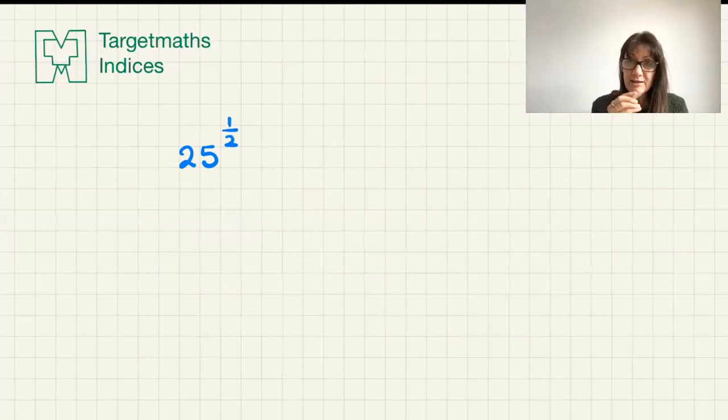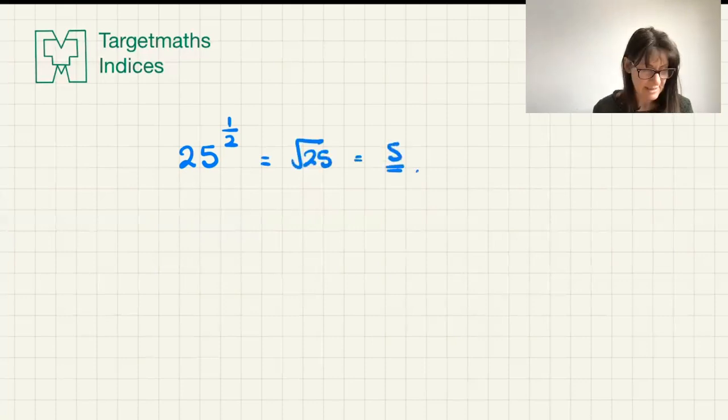Now I am going to tell you that the solution to this is to square root the 25, and that is the answer. So the rule is that you root the denominator. So that's the starting of the rule, if you like. The denominator is always the number you take the root of, okay?